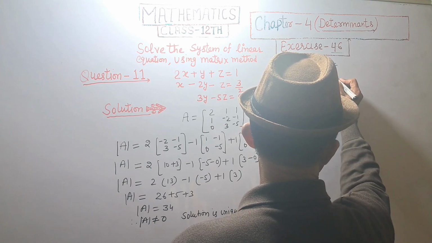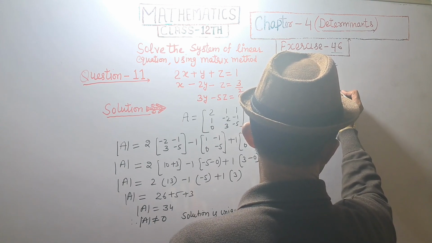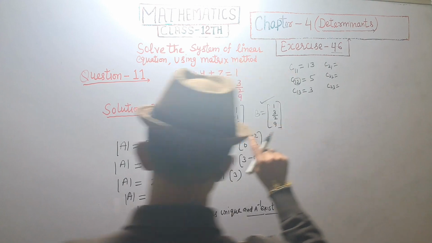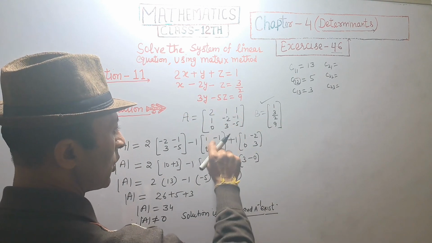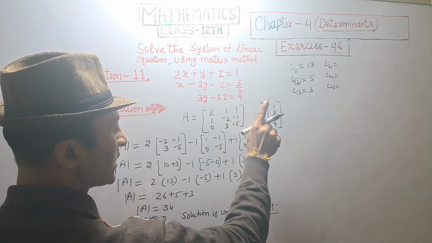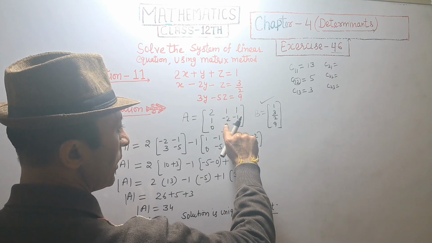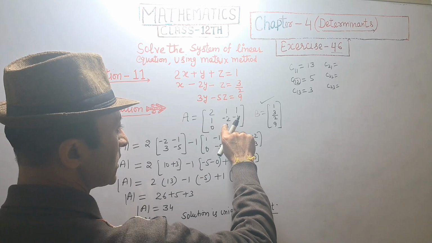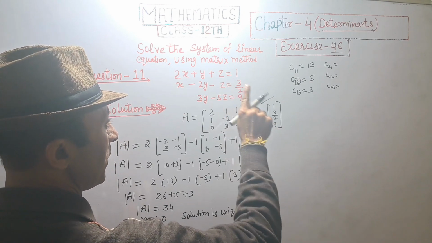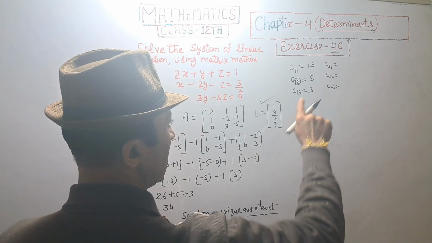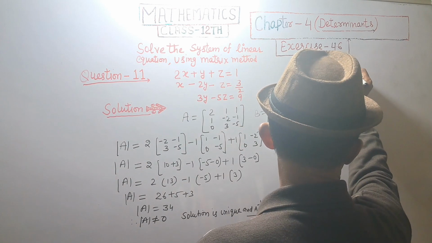Next, C21, C22 and C23. C21 means second row, first column: minus 5 minus 3, that is minus 8, and with the sign that will be positive 8.